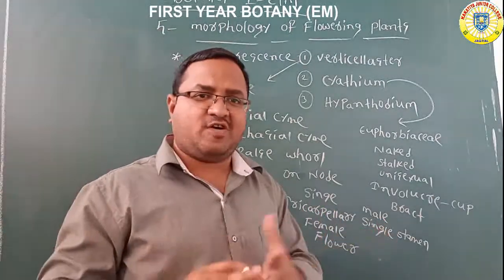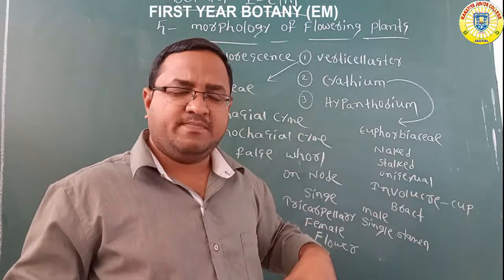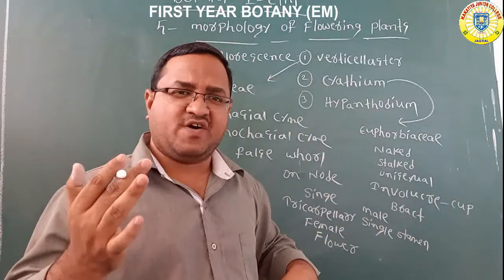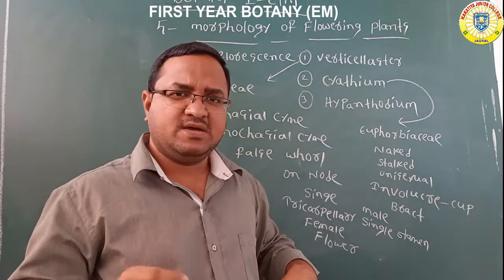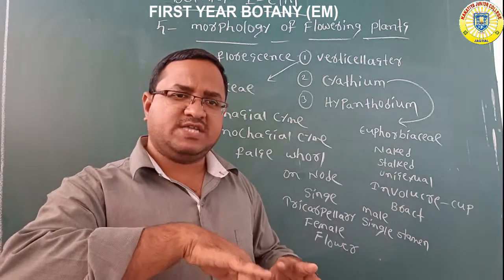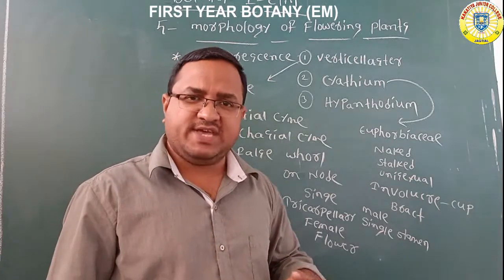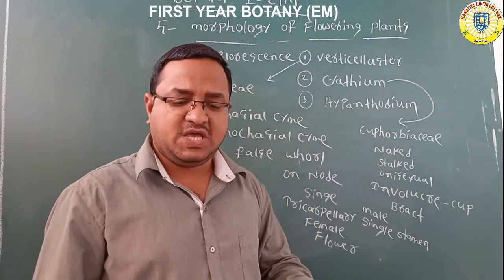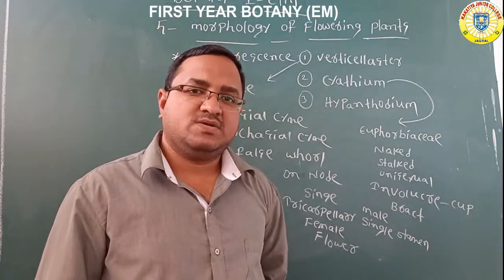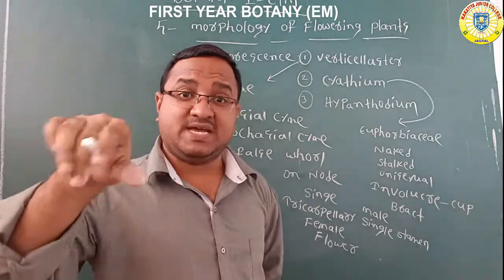These male and female flowers are developed inside a cup-like involucre of the bract. Many male flowers are there, and each male flower is represented with a single stamen. They are arranged around the single tricarpellary female flower. Only a single female flower is there, which is tricarpellary.